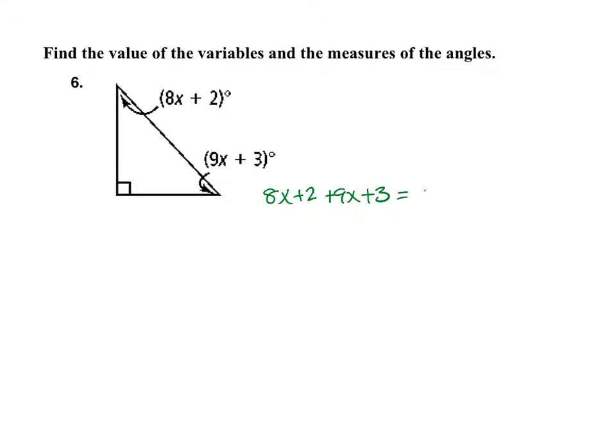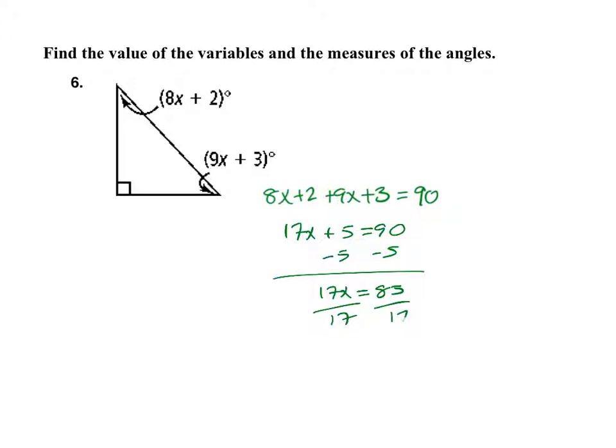If I subtract that 90 on both sides, I'm going to have the sum equal to 90. So this is 17x plus 5 equals 90, minus 5 on both sides. So 17x equals 85, and I'm just going to divide by 17 on both sides. So x equals 5. I don't have to write the degree because I already have that part there.